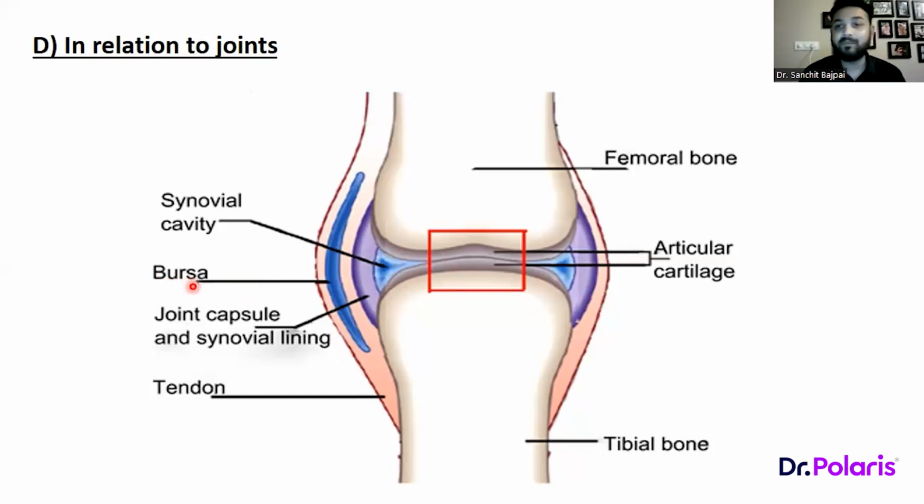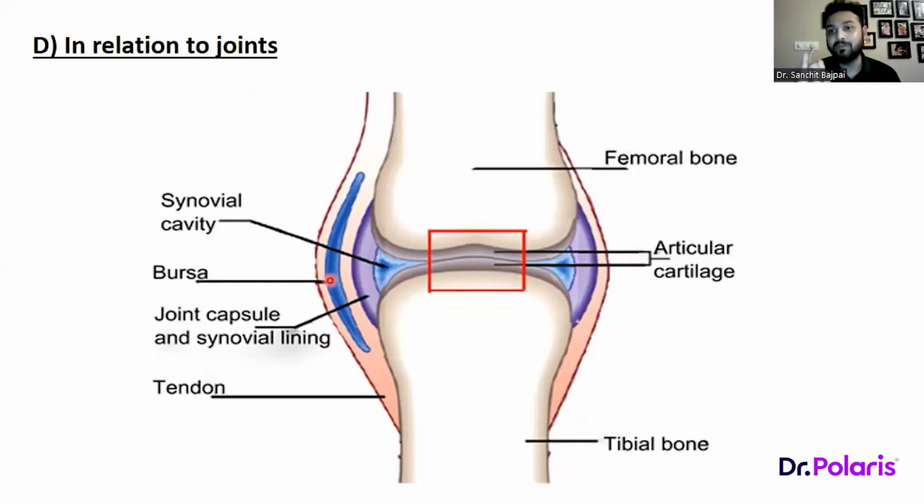Bursa. So now let me just take you in a crux, okay? Don't get confused. The deep fascia modifies itself at the level of synovial joints by creating joint capsule, which has got two parts, outer fibrous part, inner synovial membrane. Synovial membrane creates synovial fluid, and the deep fascia also forms bags of synovial fluid on the sides of the joint, which are given the name as bursa. So it is forming what all?